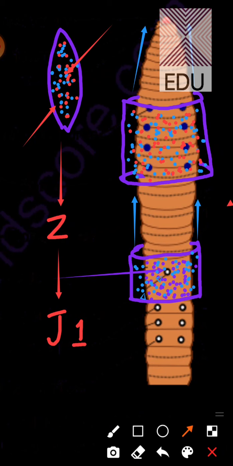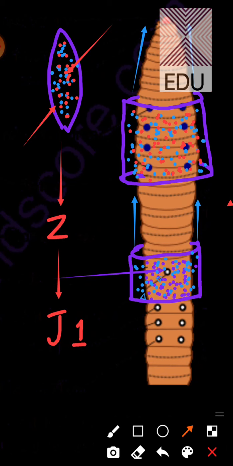So I think this is very clear to you: how fertilization in earthworm takes place, how the exchange of sperms takes place, and what is the role of the clitellum in forming the ootheca or egg case, which is violet colored over here. When this ootheca layer is formed on the clitellum, the blue colored eggs are given into it.